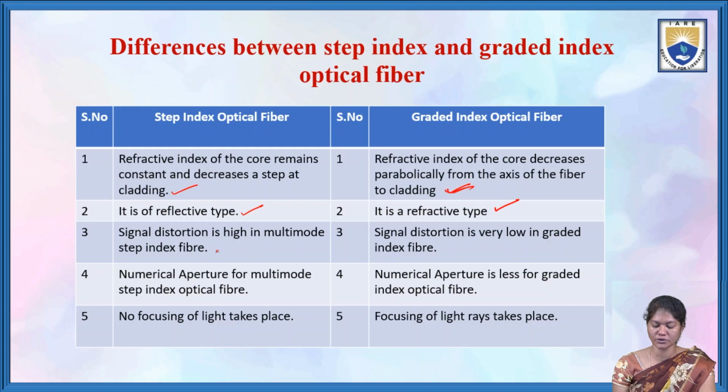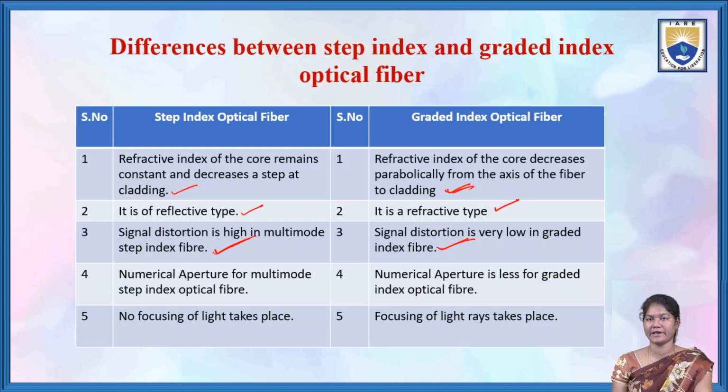In step index optical fiber, signal distortion takes place, that is, there is intermodal dispersion. So signal distortion is high in multi-mode step index optical fiber. Here in graded index optical fiber, signal distortion is very low, so we can say that no intermodal distortion takes place.